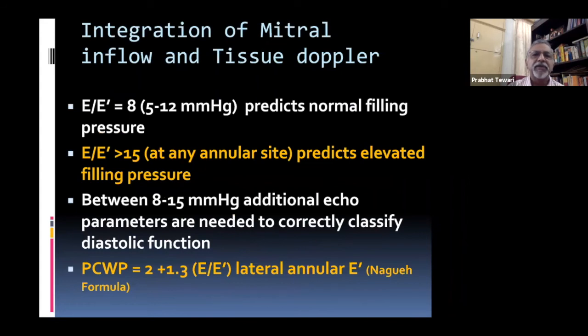Then what happens that we integrate the mitral flow and the tissue Doppler. If E upon E prime means the ratio is nearly 5 to 12, then well, it is normal. If it is more than 14 or 15, then it is abnormal. And by Nagueh formula, you can calculate the pulmonary capillary wedge pressure.